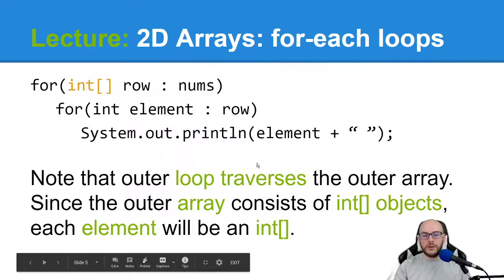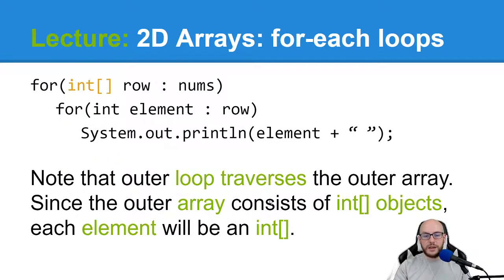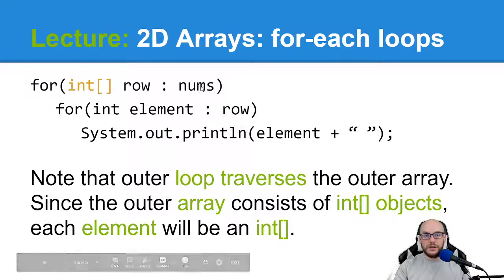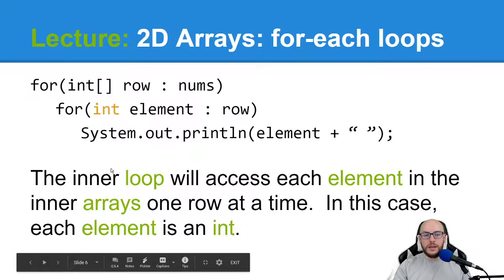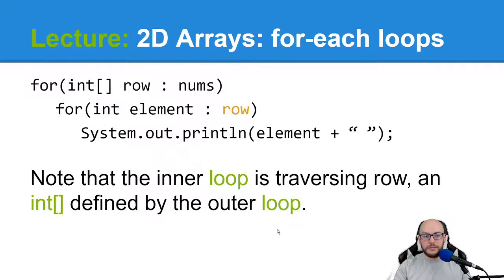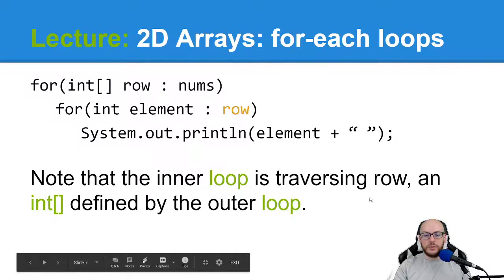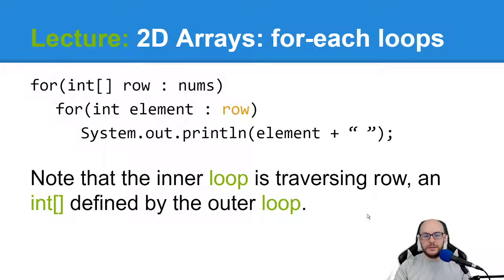Note that the outer loop traverses the outer array. Since the outer array consists of int array objects, each element is an integer array. Nums consists of integer array objects. The inner loop will access each element in the inner arrays, one row at a time. In this case, each element is an int. Note that the inner loop is traversing row, which was defined up here.